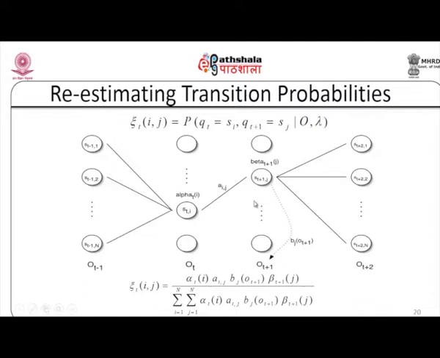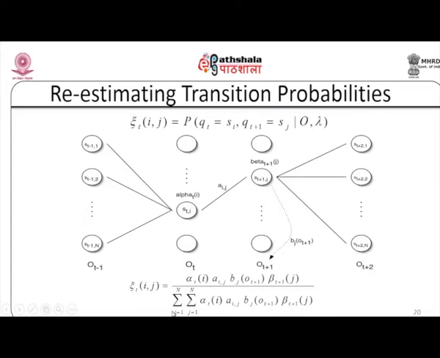So, you can see alpha_t(i), beta_{t+1}(j), and that is what we are trying to see among the summation over i to n, j to n, that is all the states: alpha_t(i), the transition probability from i to j, the emission of O_{t+1} at the jth state, and the probability for all the states.